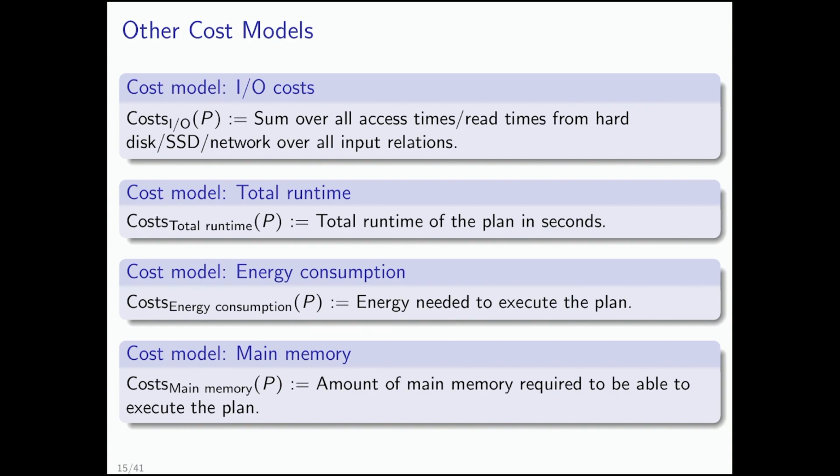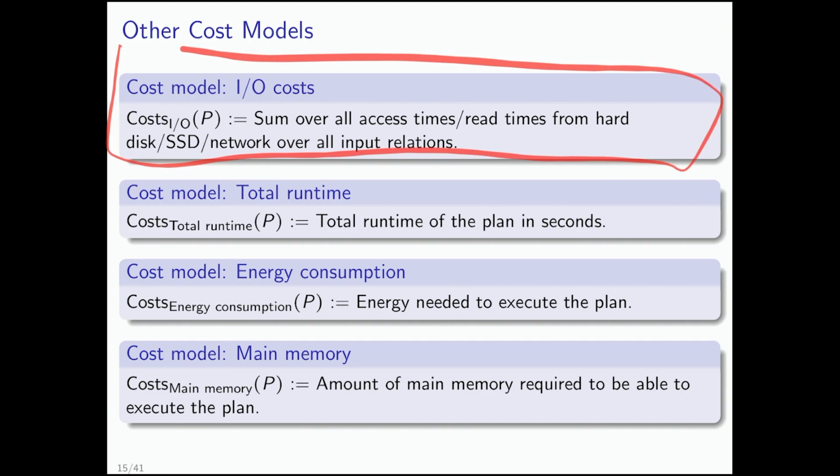If my bottleneck is the CPU and I'm just counting I/O operations, that's not a good model, because then I should rather be modeling the CPU costs. But for many older database systems, when people started developing stuff in the 80s and the 90s, that was the only cost model people were interested in. They completely ignored CPU costs.